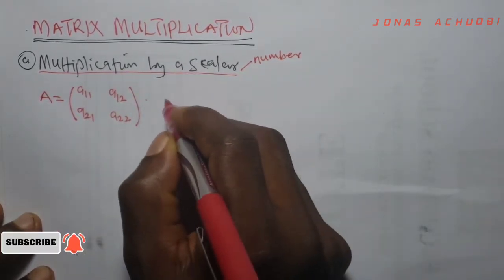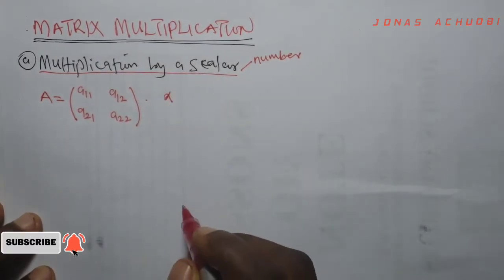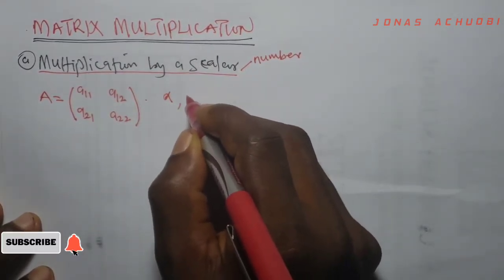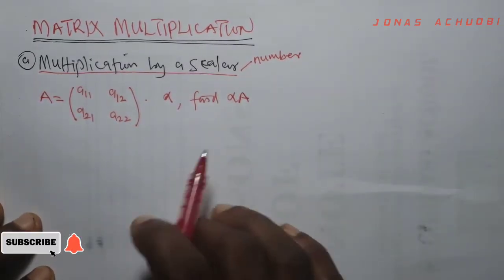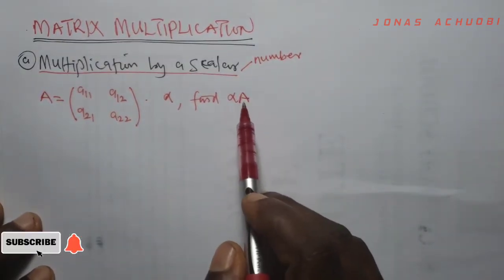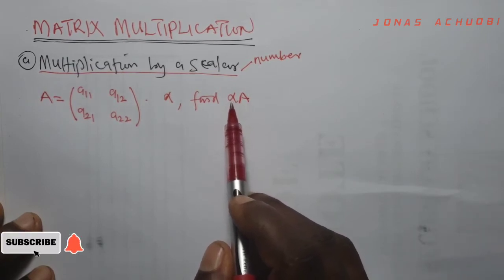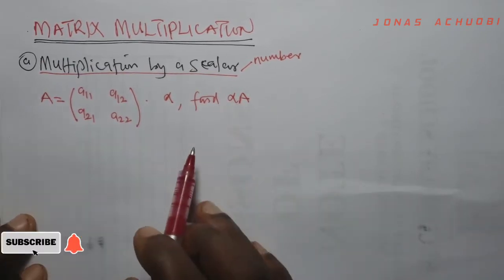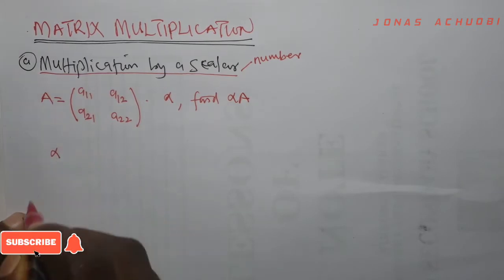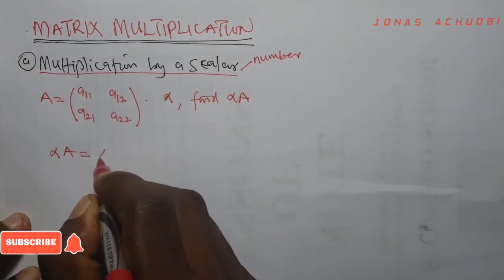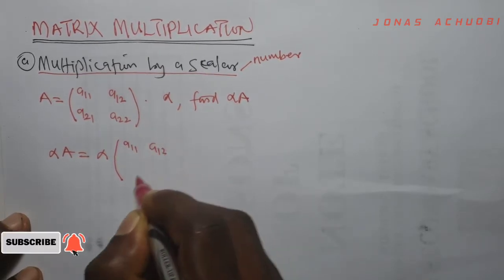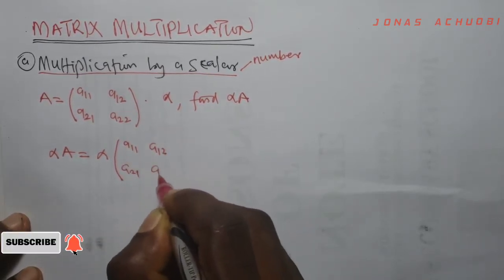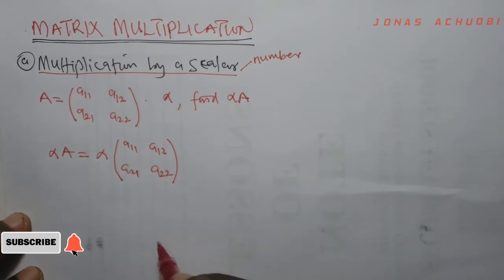So, if we take a scalar, say alpha, and we are asked to compute alpha A, this means we should multiply the matrix A by the scalar alpha. So what would this mean? Alpha times A simply means alpha times the matrix A11, A12, A21, and A22. So how do we now perform such multiplication?